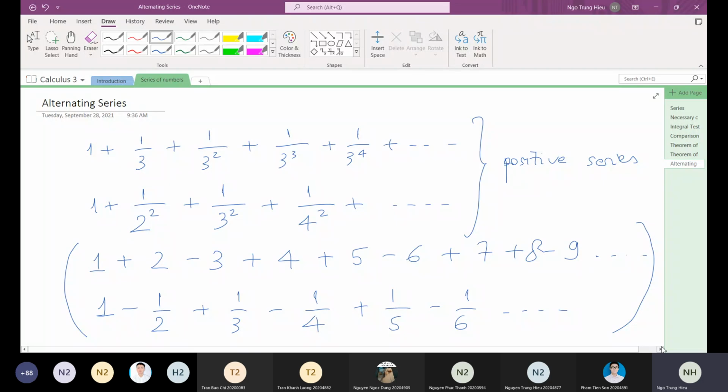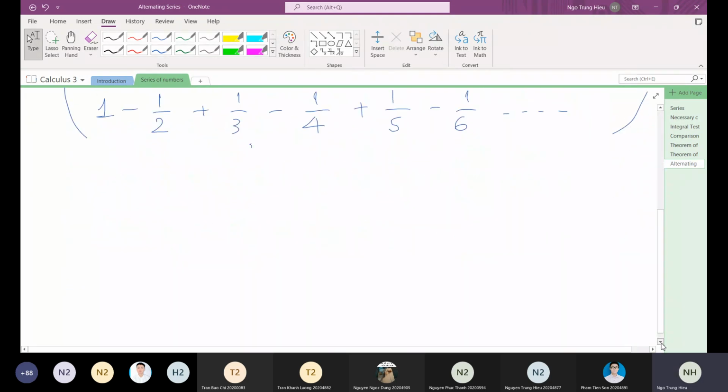Right? So let us make a definition of an alternating series.